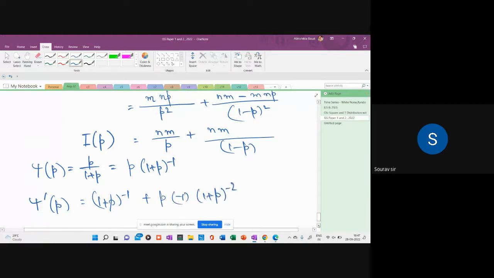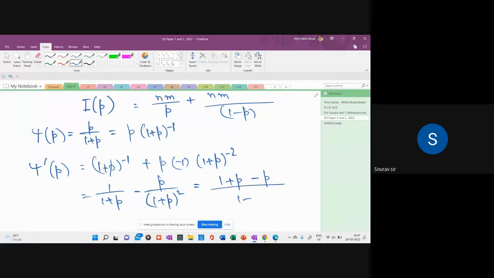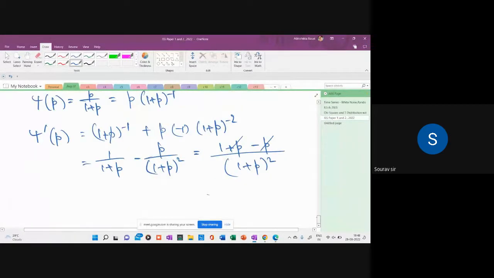That is also 1 by 1 plus p minus p by 1 plus p whole square. So that cancels out and we are left with 1 by 1 plus p whole square.